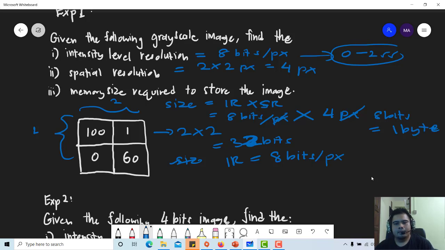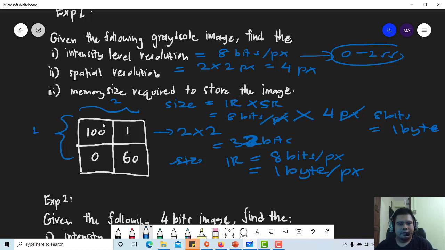So our intensity level resolution of 8 bits per pixel is actually 1 byte per pixel.